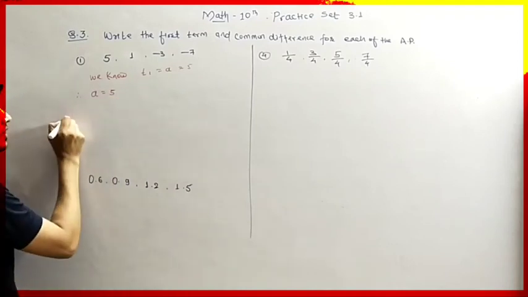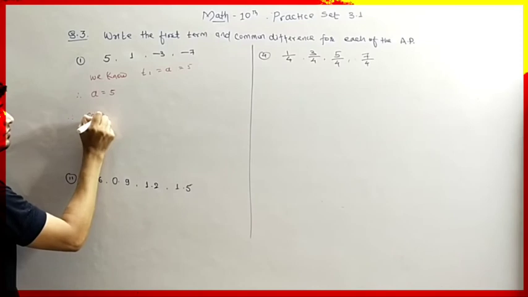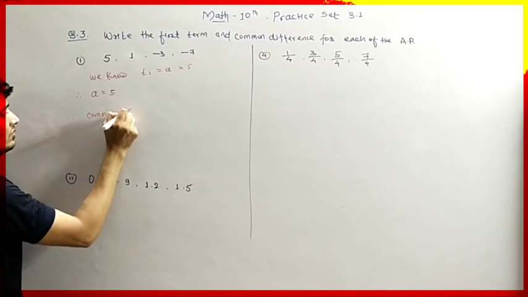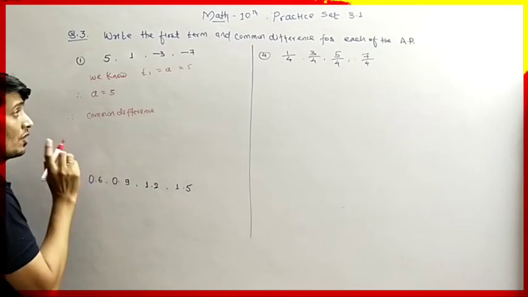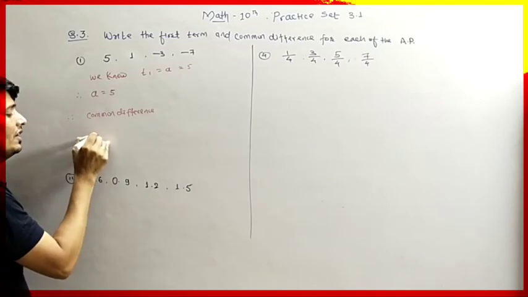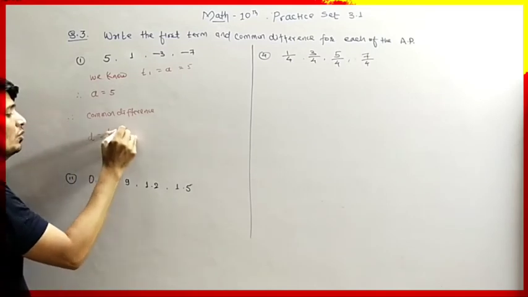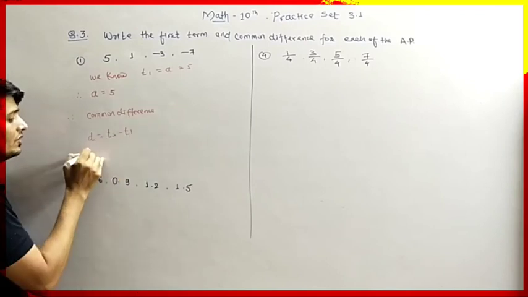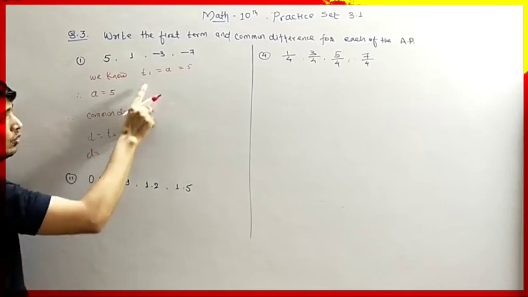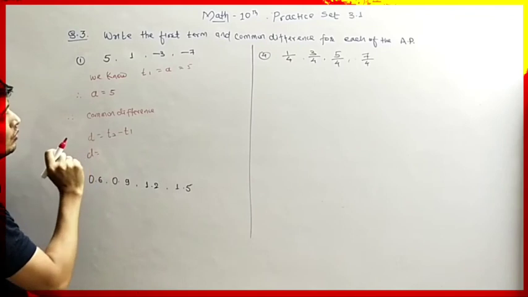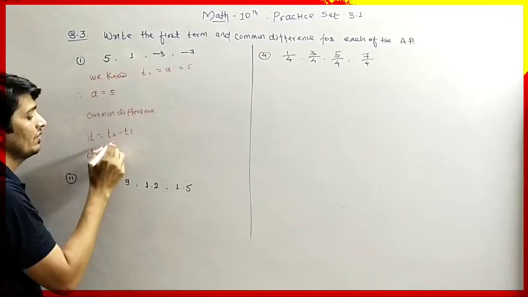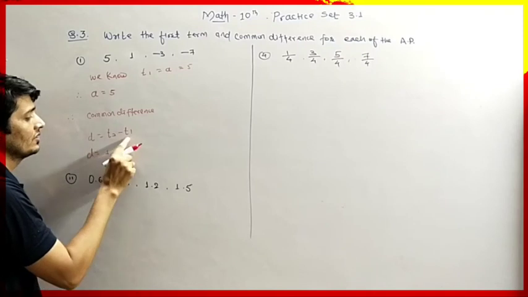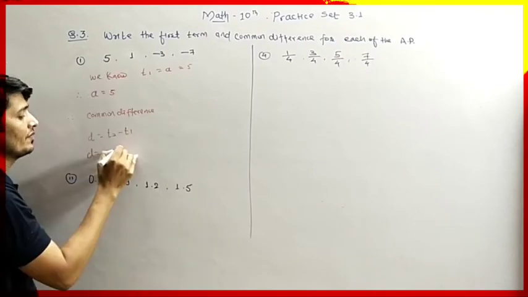Now common difference. The formula for common difference is D equals T2 minus T1. So D equals, what is T2? This one is T2. So T2 is 1 minus T1 is 5.